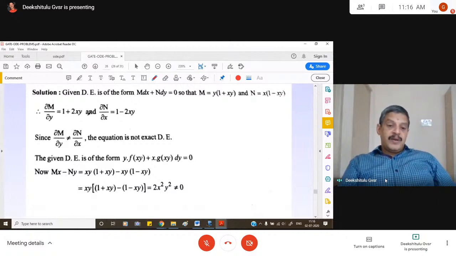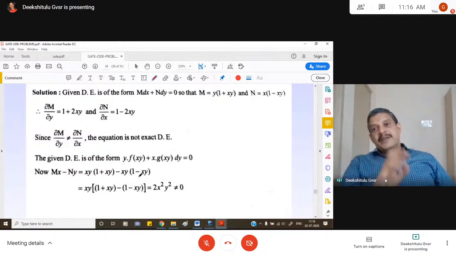Then we multiply this given equation with the integrating factor and apply the formula for the solution, that is integral M dx plus integral of terms independent of x in N with respect to dy.